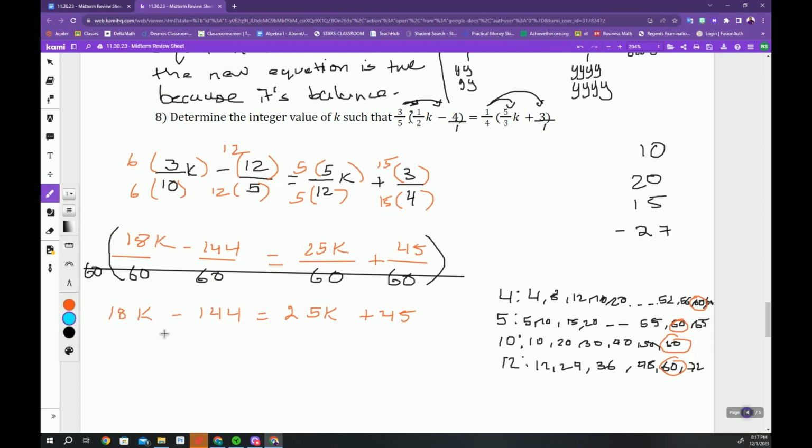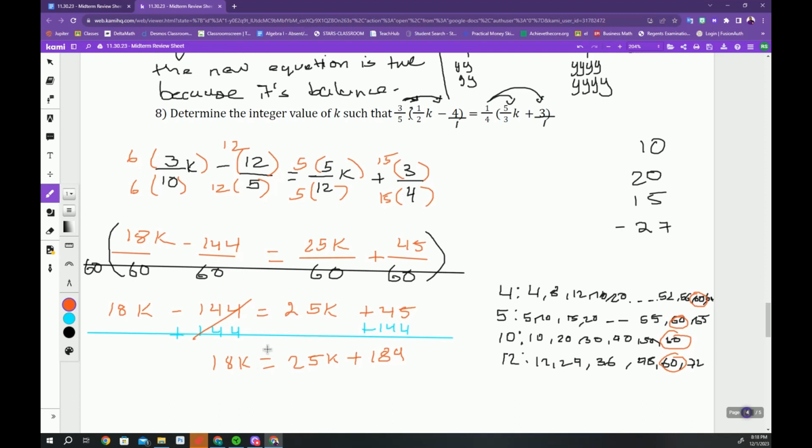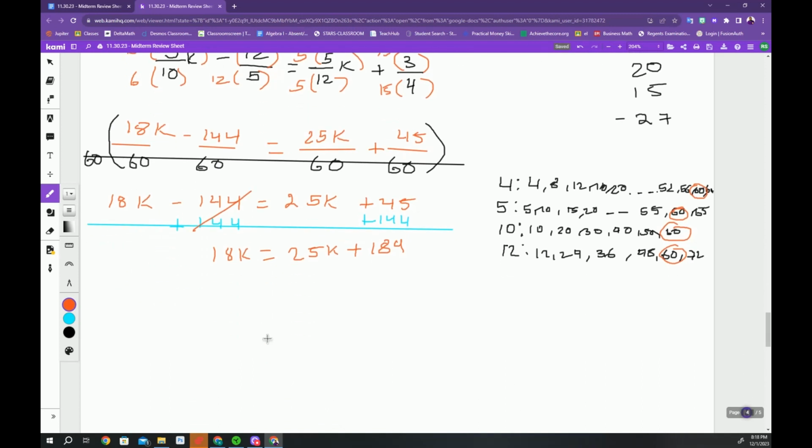So we can add 144 to both sides. If I'm correct, that is 189. Bring down everything else. 25k equals 18k. Now we want to solve for k.